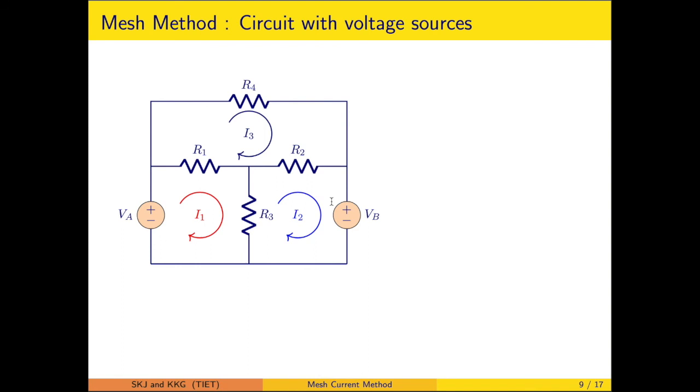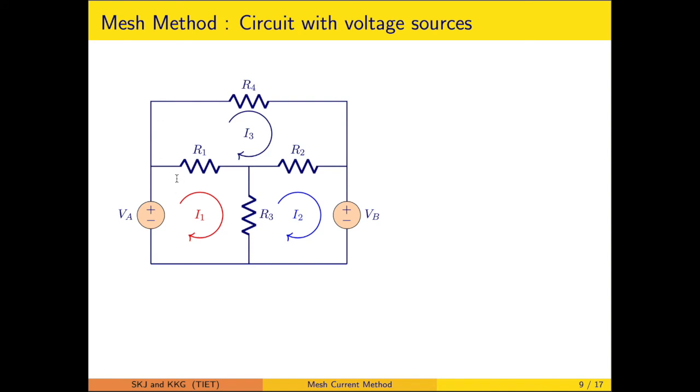So this is a circuit which has three masses. I1, I2, I3 are the mass currents, and we will be writing the KVL equations. What is the general procedure? You have to orient around a mass. Here we experience a voltage rise, so that is minus VA.